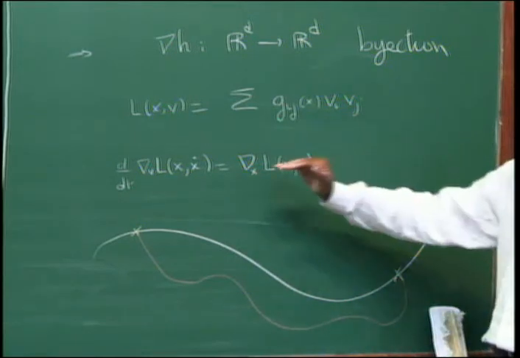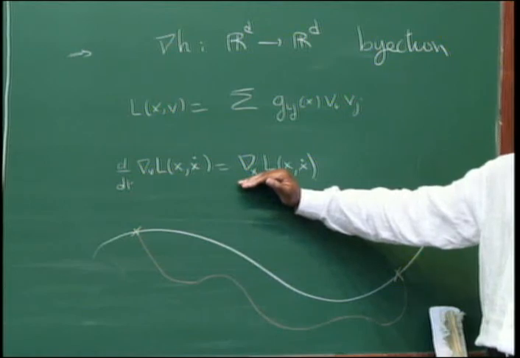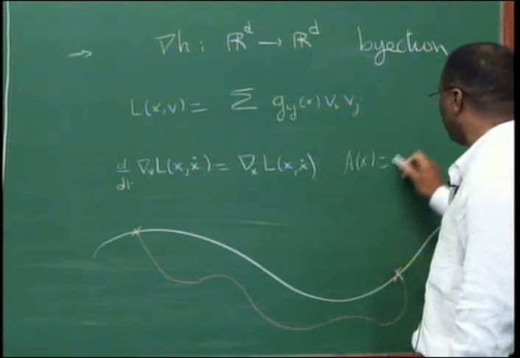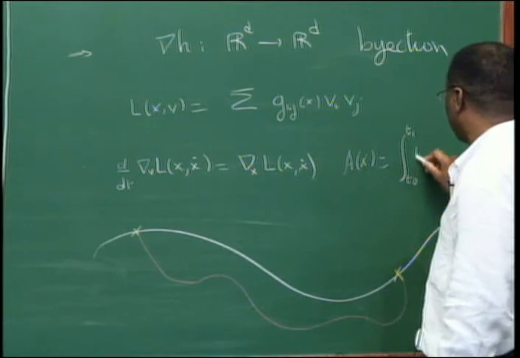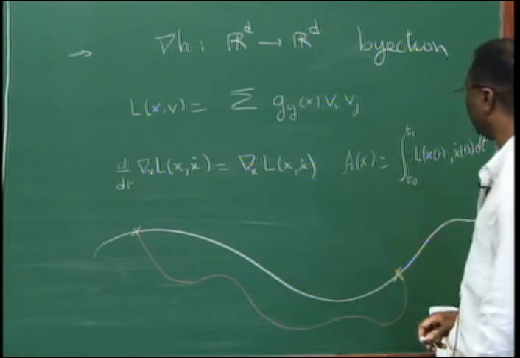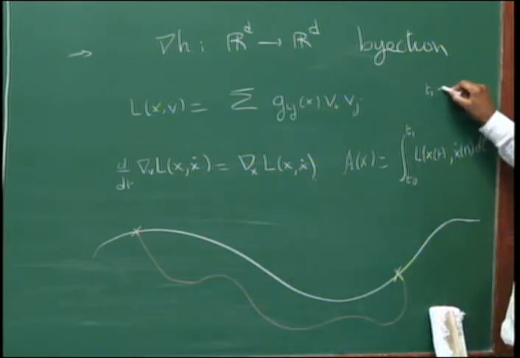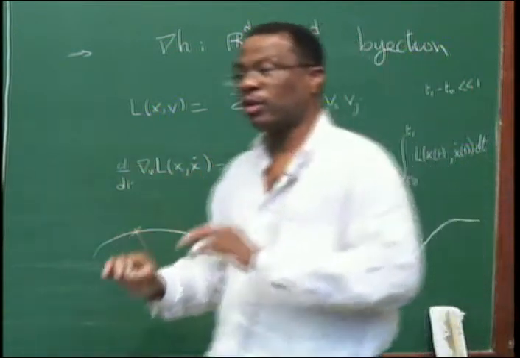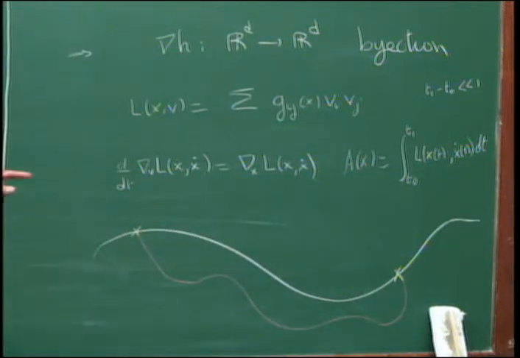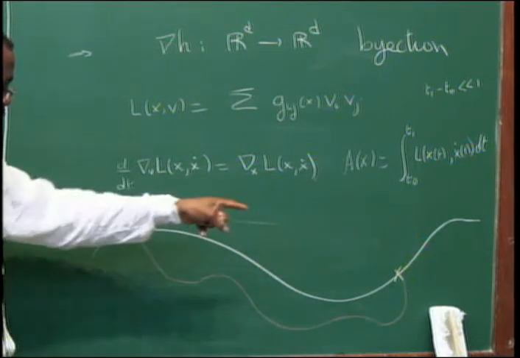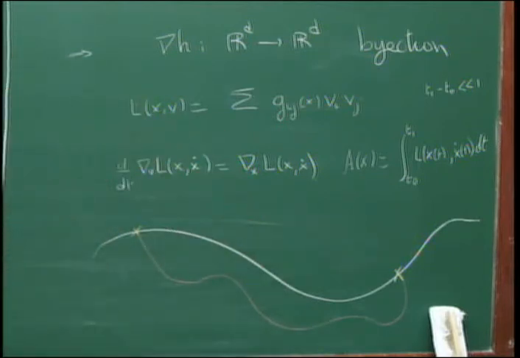So my statement is, once you satisfy this ODE, if I define the action A of x to be the integral from t0 to t1 of L(x(t), x dot(t)) dt, and assume that t0 minus t1 is small, so it is a constant which depends only on L, then whenever this equation is satisfied, if I choose 2 points on the curve, any other curve passing through these 2 points will have a larger action.